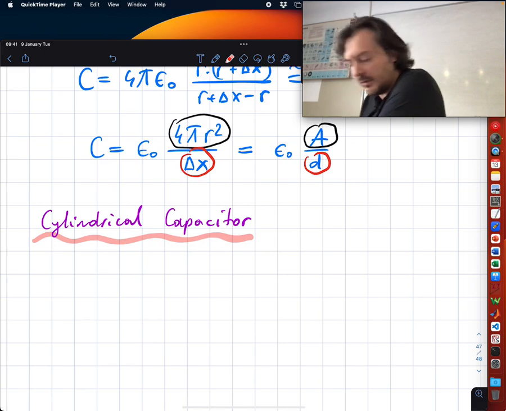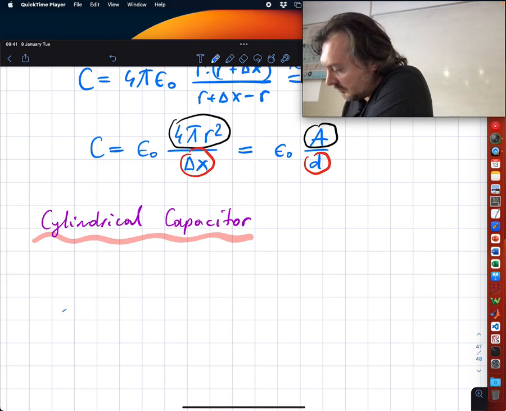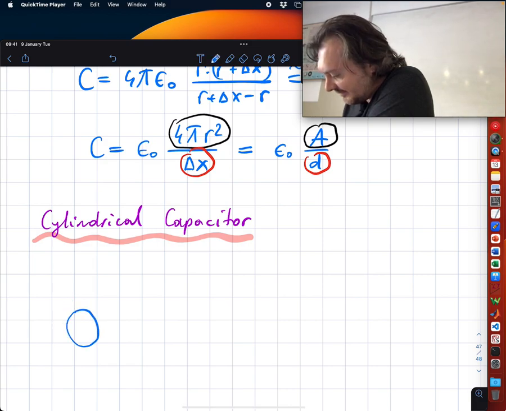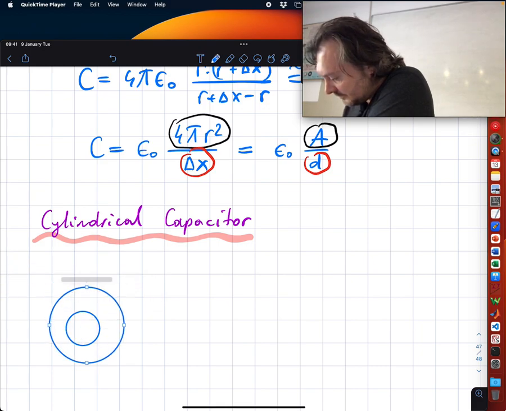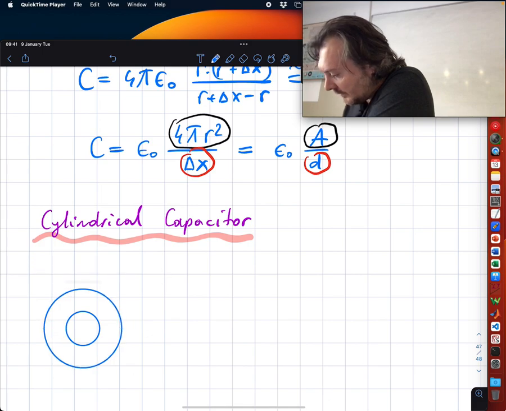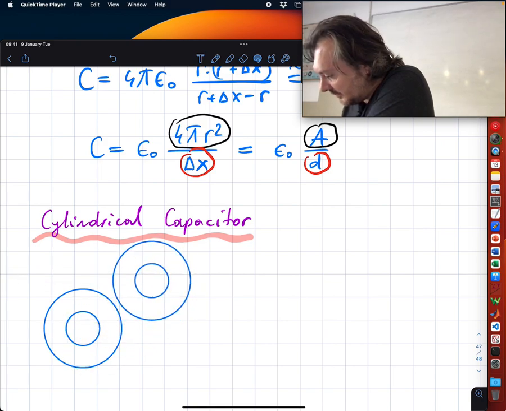So what do we have here? This is just practice for you. So I have a cylindrical capacitor. Let me just duplicate this one, put it over here.